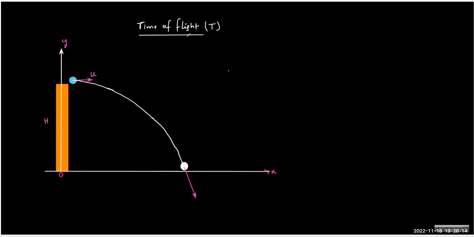So when you come down, do you know the X displacement? How much you have traveled in the X, do you know? No, sir. But how much you have traveled in the Y, do you know? Yes. The tower height is H, and if something is coming back to the ground, how much have you traveled vertically down?